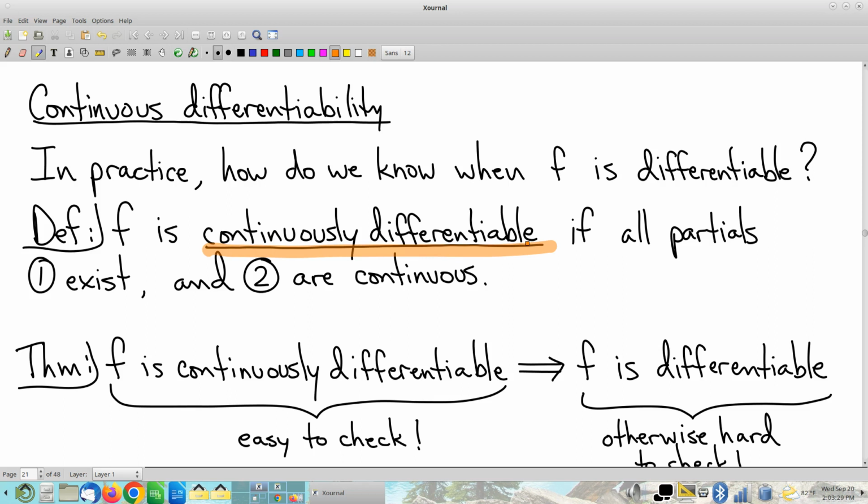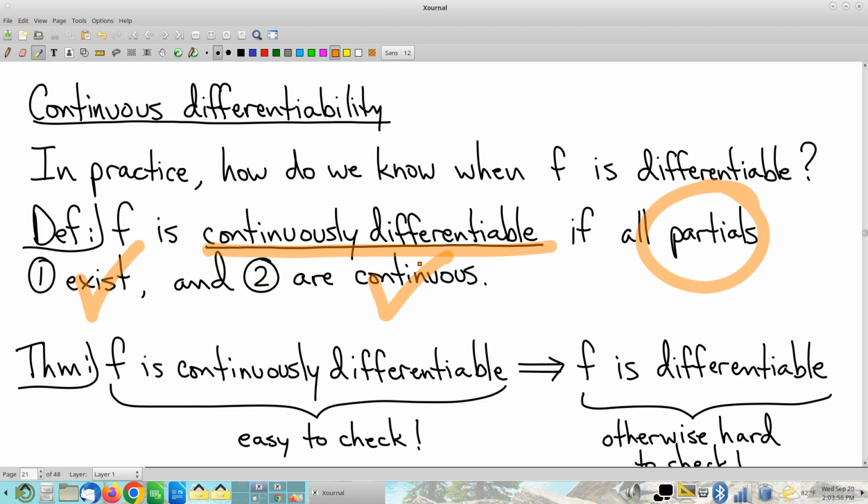Continuous differentiability is a more powerful idea, which you would think would make it a more sophisticated thing, which you would think would make it harder to work with. And the wonderful, wonderful news is that it's the exact opposite. It's actually super easy to deal with. Continuously differentiable just means that the partial derivatives exist and are continuous. That's it. It's super easy, right?